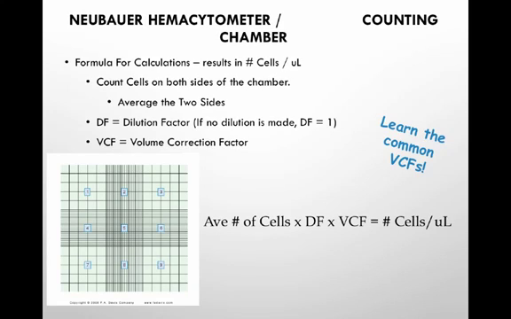So if we count all 9 squares, or just the 5 squares in the middle square, or if we count 4 squares on the 4 corners. If I count the 9 squares, the volume correction factor would be 1.1. If I count the 4 corners, the volume correction factor would be 2.5. And if I count the 5 small squares within the center square, the volume correction factor would be 50.